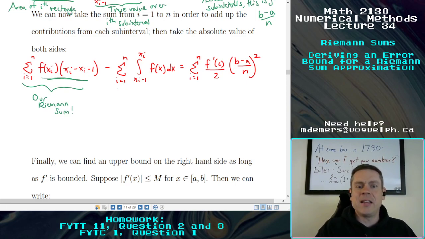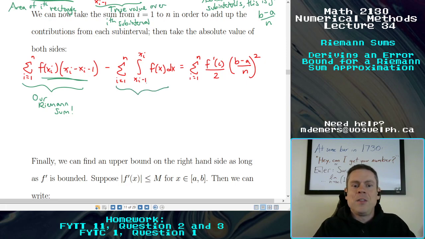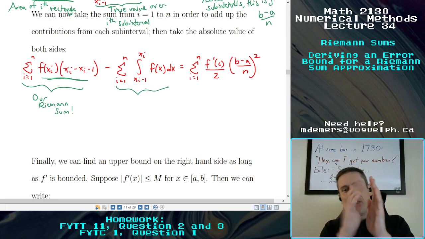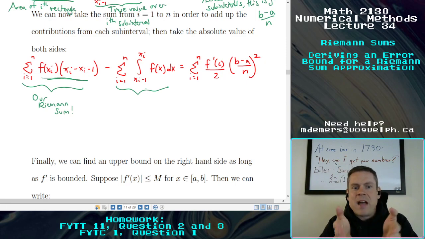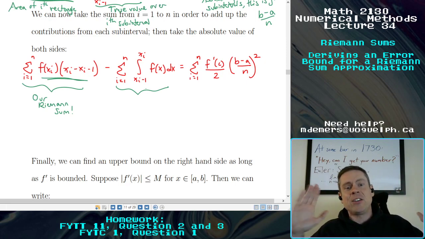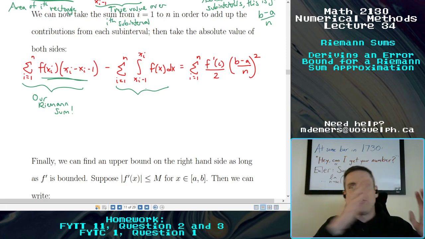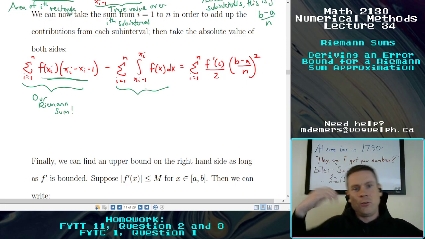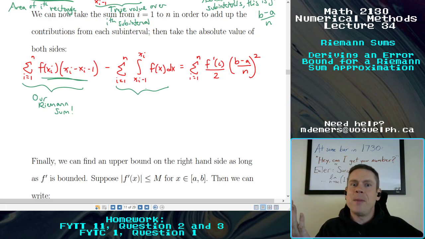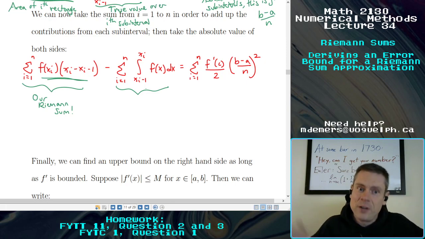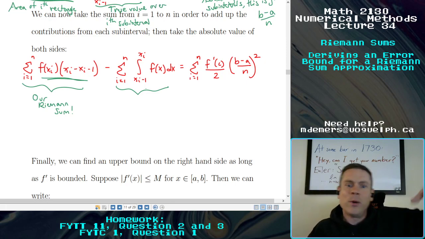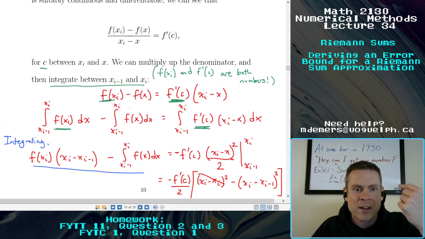Check out the second piece. It looks really hard, the sum of a bunch of integrals. But wait, the integral itself was the true value over x_{i-1} to x_i. And I'm doing this for all of the different x_i's in the interval. And so what I'm getting is a sum of the true values from the start to the finish. And that's going to give me the true value of the whole integral from a to b, assuming that a was x_0 to start with. And I think we said that at the start here.